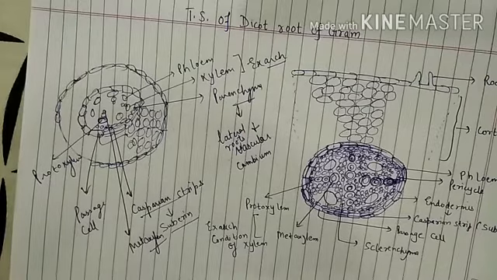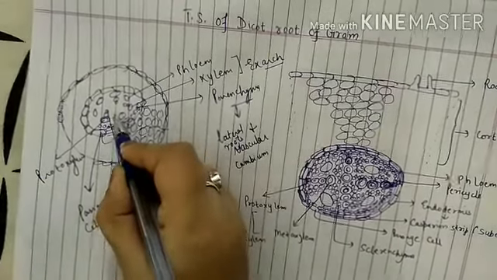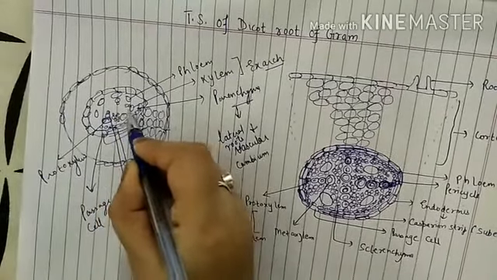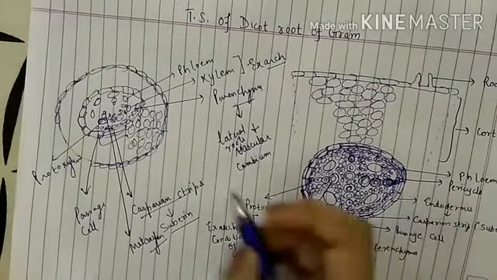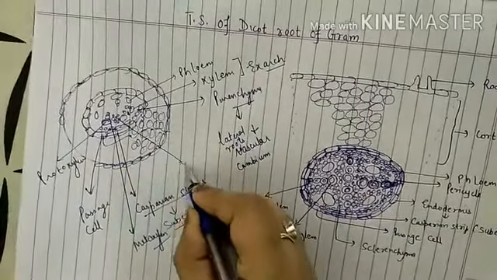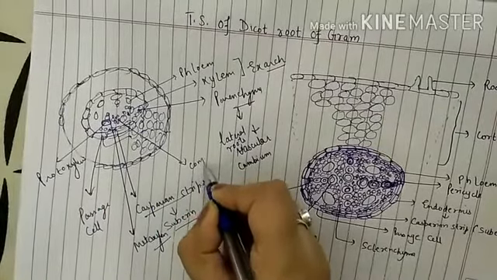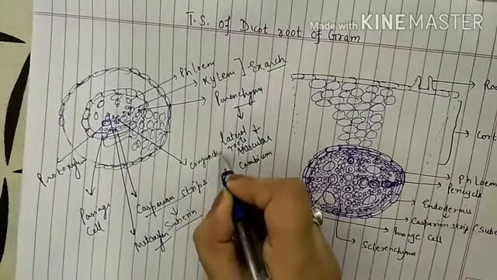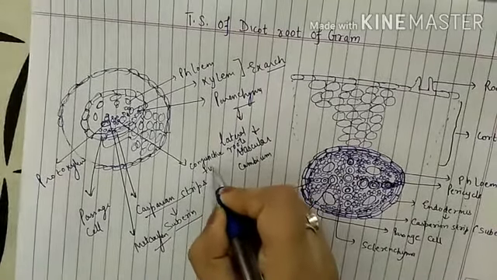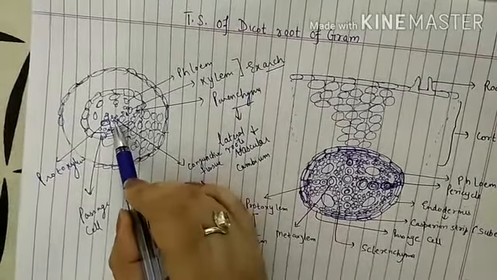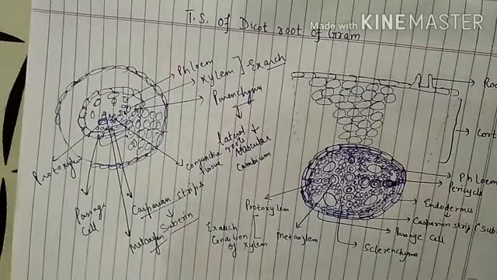Then the next important cells present between the xylem and phloem are the conjunctive tissue. This conjunctive tissue basically consists of parenchyma cells. So conjunctive tissue is present between xylem and phloem, and it consists of parenchymatous cells.